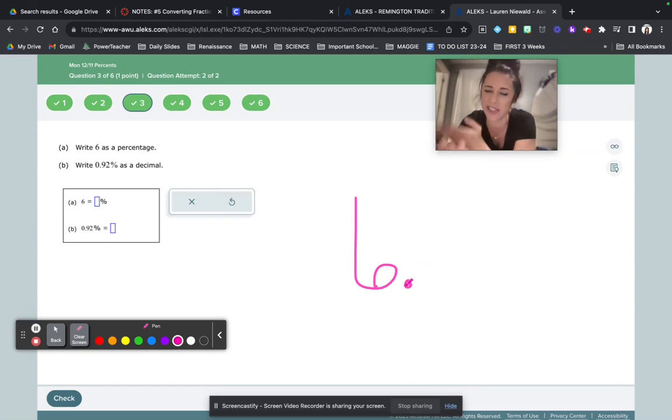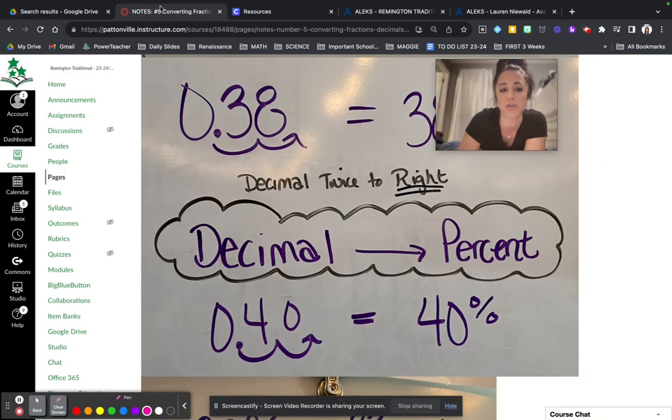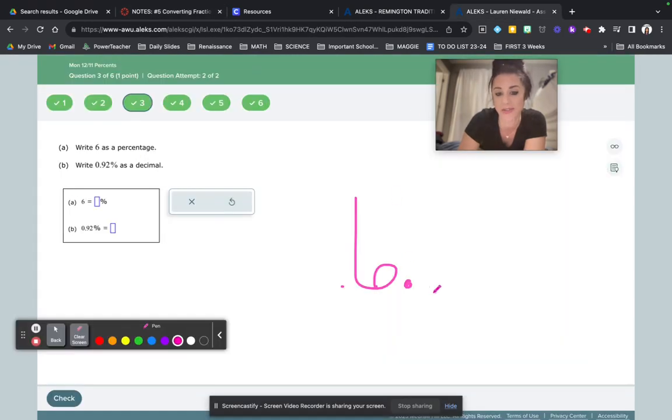Until you need it, you don't really put it down, but technically you could and it would mean the same thing. So this is 6, and we want to write it as a percent. It's literally just that number over 100. We want it as a percent, so it's 6%. If you check decimal, we're moving it right twice.